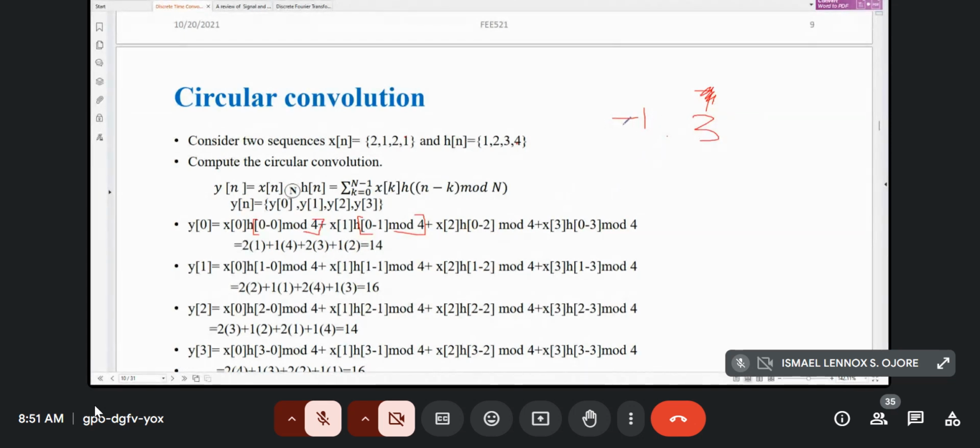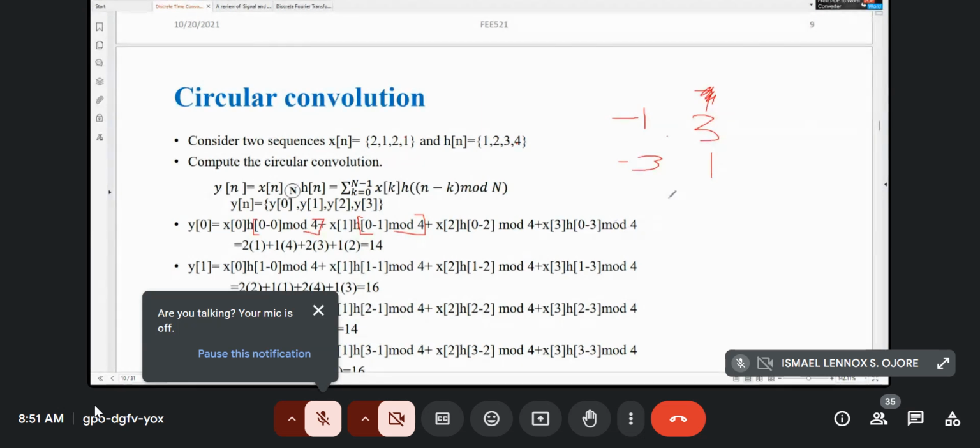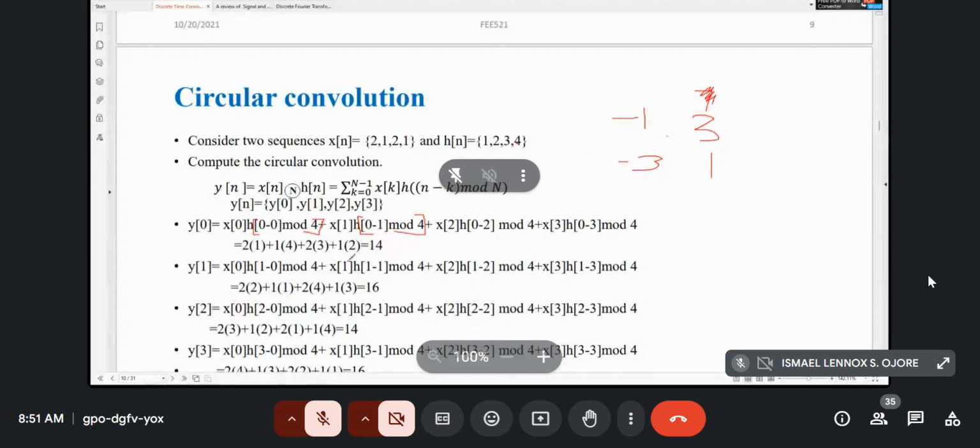Minus 3, minus 1 is 3, and minus 3 is 1. That is minus 3 mod 4 is 1. So we are dealing with h of 1, which is actually this 2 here. So we multiply that, and when we add all that, it becomes 14.